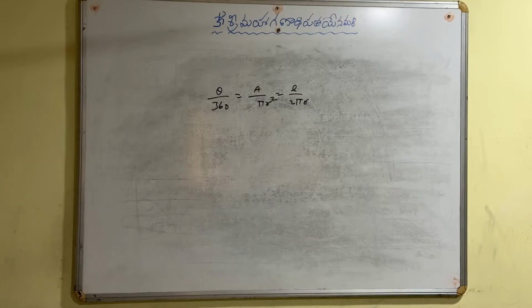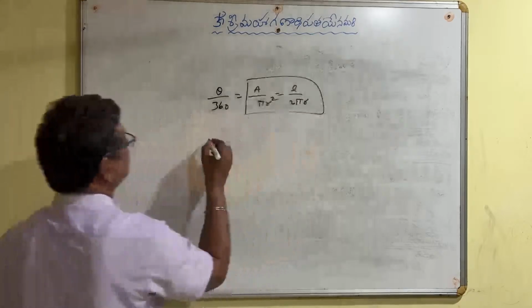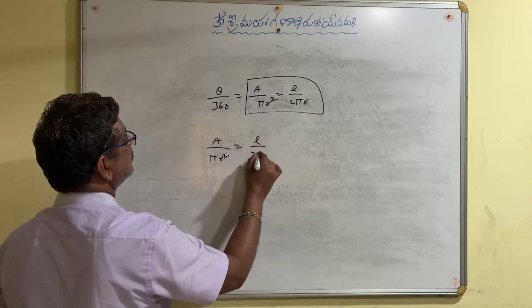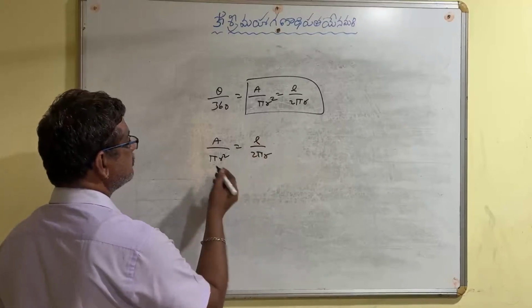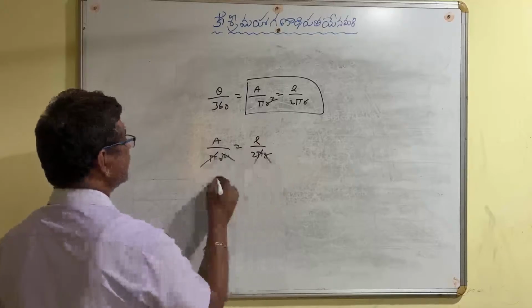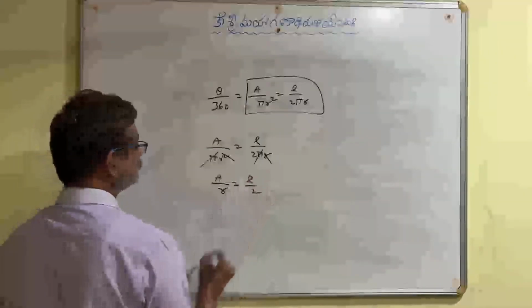When theta decreases, area of sector decreases, and length of the arc also decreases. Now, if you consider only this part and simplify, pi gets cancelled, and one r gets cancelled. What is remaining? A by r is equal to L by 2.